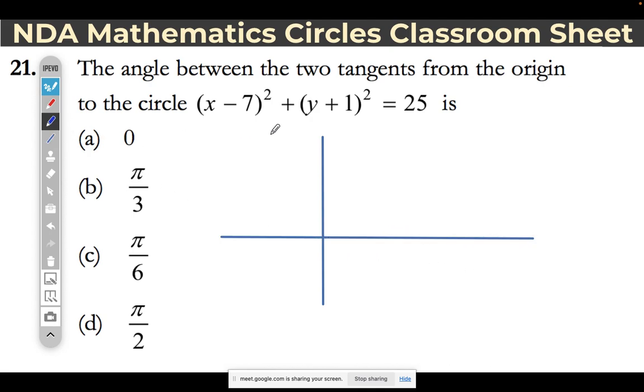Where is the center? 7 comma minus 1. From the origin you can draw two tangents.